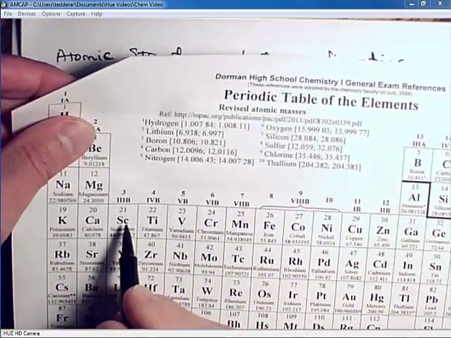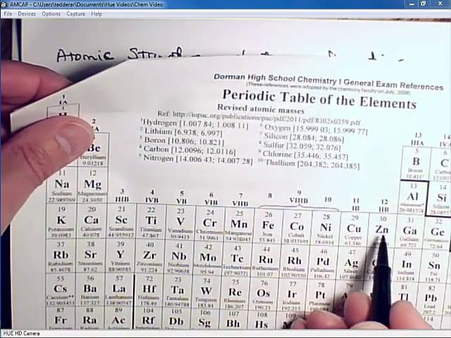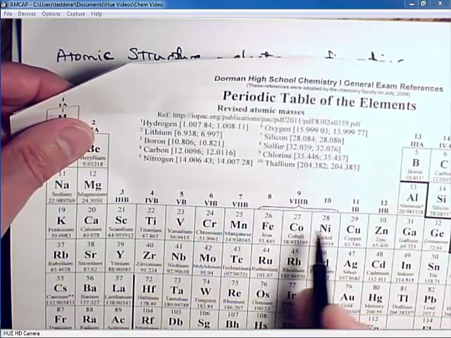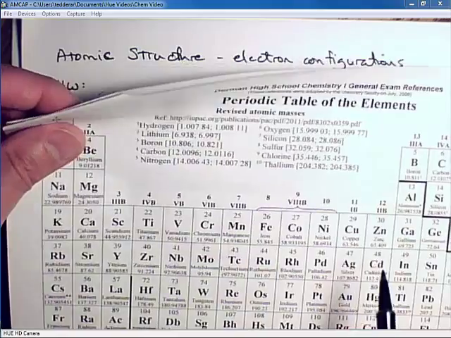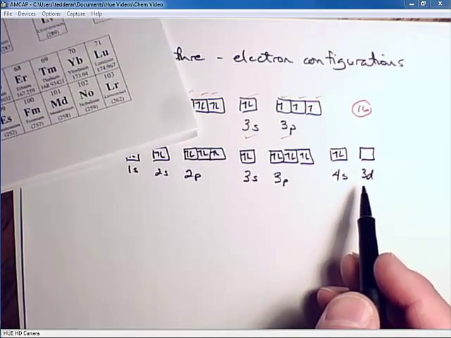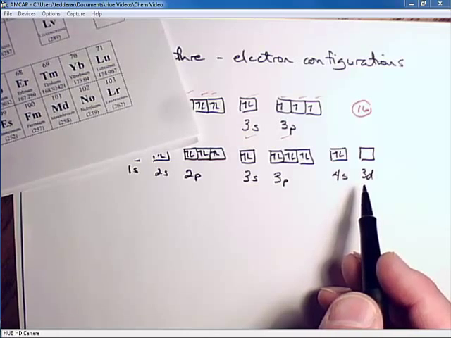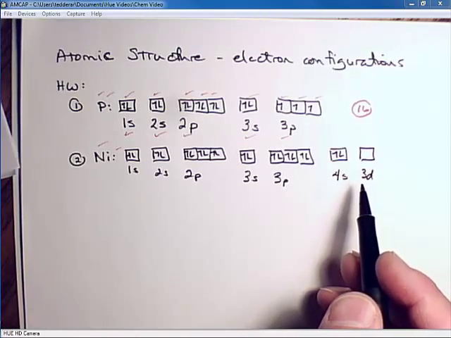There are 1, 2, 3, 4, 5, 6, 7, 8, 9, 10 elements in this section, which means we have to be able to put 10 electrons in 3D, which also means we have to have 5 orbitals, because you can have up to and only a maximum of 2 electrons per orbital.